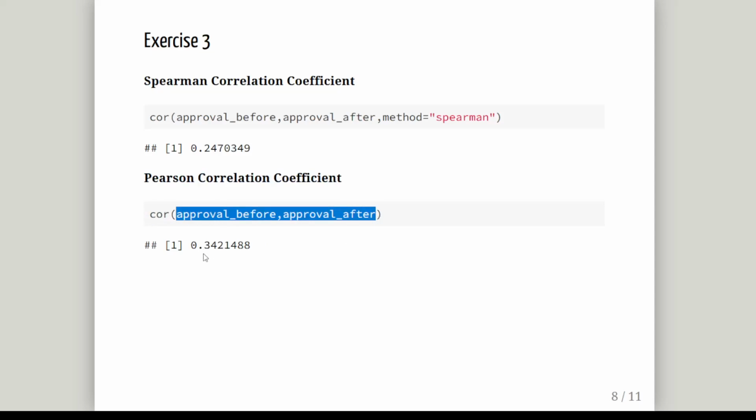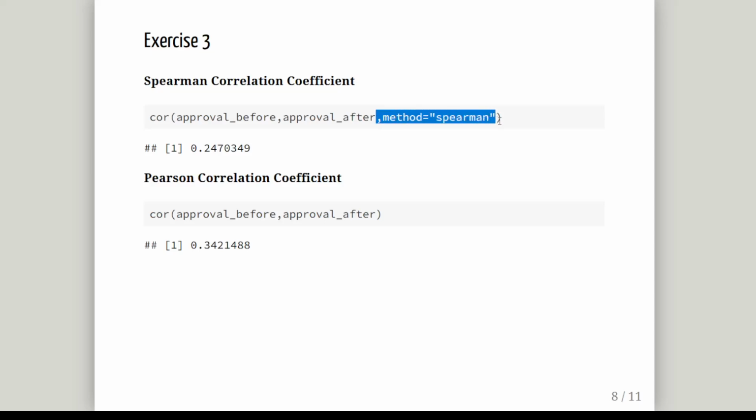The result would be 0.342 and so on. If we wanted to be extra clear, we could write method equals Pearson, but the default is actually Pearson. So if we want the Kendall or the Spearman correlation coefficient, we have to make this additional specification.